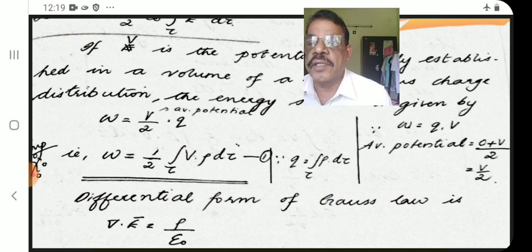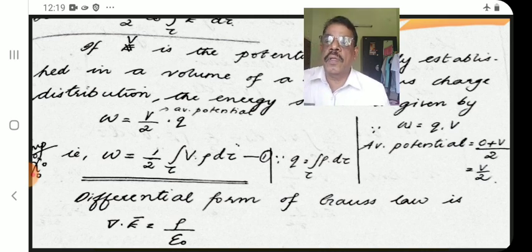Half is taken outside. So W is half volume integral V rho d tau. Remember Q is integral over tau of rho d tau. That is equation number 1, which is very important.